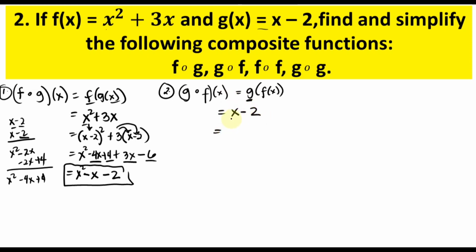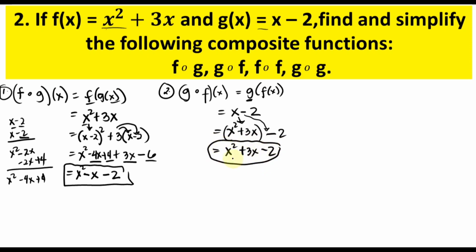Then replace the value of x by the f of x. So si x magiging x squared plus 3x, ito na value ng x, then subtract 2, then tanggalin natin yung parentheses, so that is x squared plus 3x minus 2. So ito na yung final answer natin.